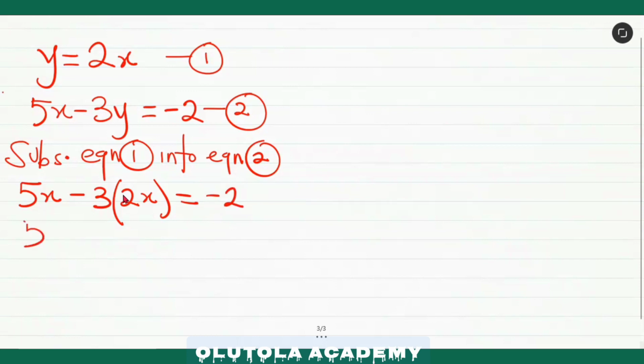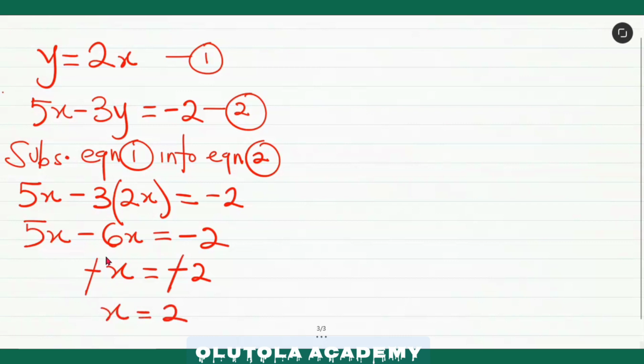So I will have 5x minus 6x, that's 3 times 2, then equals to minus 2. So I have here 5x minus 6x, that's minus 1x. So that will be minus x equals to minus 2. You know, we don't write the 1. Okay, so the minus sign can cancel, so we have x to be 2.